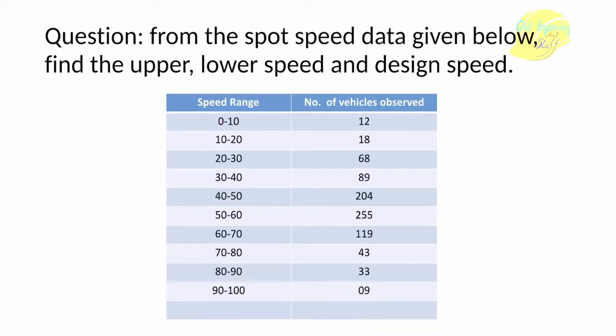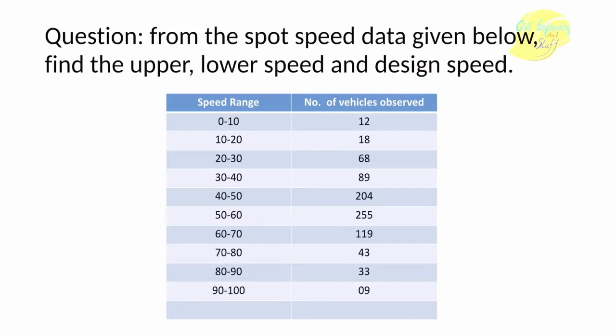Let's say the question asks us to find out the upper limit, lower limit, and the design speed limit. If the question says that we have to find the upper speed limit, the lower speed limit, and the design speed limit, then it should be understood that we have to approach the question through the cumulative speed method, because only through that can we find the upper limit, lower limit, and design speed limit, as we have discussed previously.